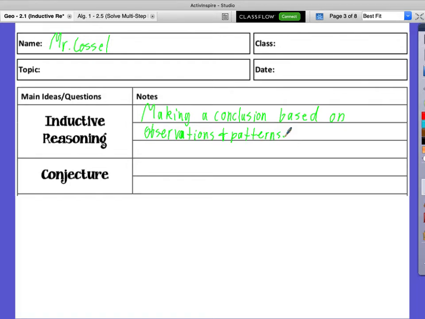So it's making a conclusion based on observations and patterns.